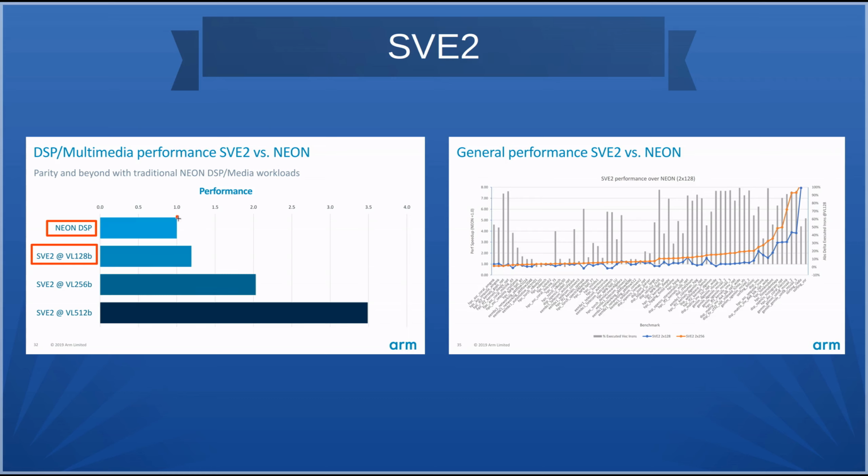But you can see here there is a 20% performance increase just because of better instructions and also decoupling the software from the hardware. And you can see that 256-bit can actually double the floating point performance here. And 512-bit, yeah, it's not doubling, it's only 3.5.